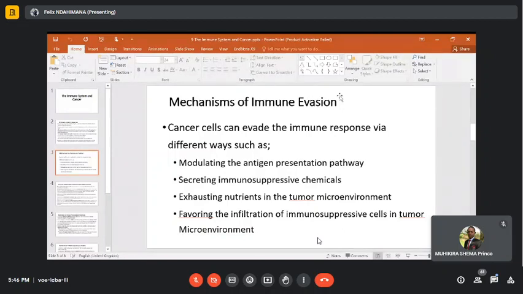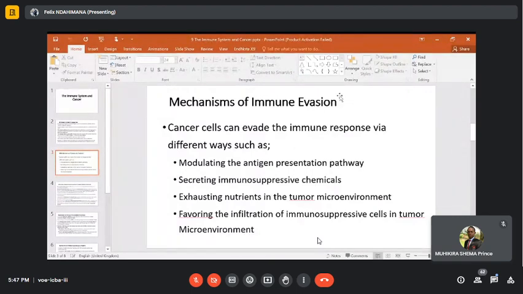Some might also have another strategy of exhausting nutrients in the tumor microenvironment. You know, these immune cells like T cells and the others, they need nutrients to survive and to be able to do their action.